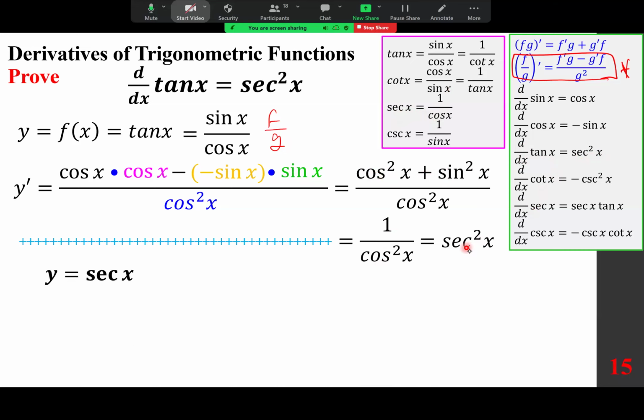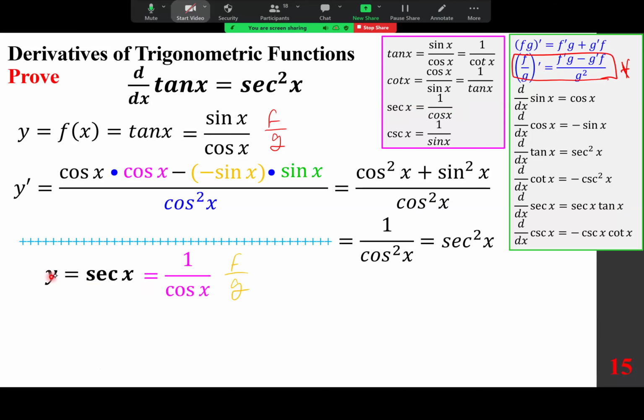What about secant x? The derivative of secant x is equal to secant x tan x. Let's prove that. We are going to use the fact that secant x is 1 over cosine x, and we're going to use the quotient rule of differentiation. Therefore, I'm going to call this f over g.